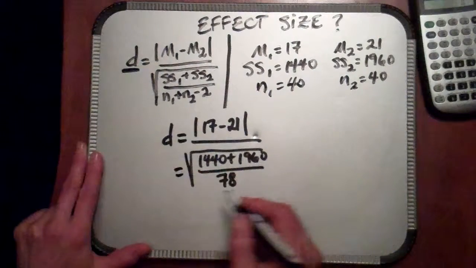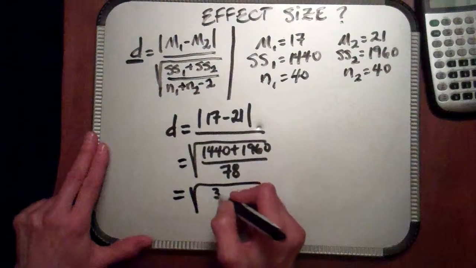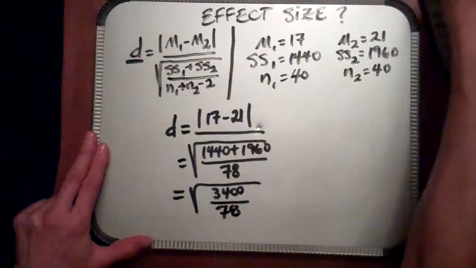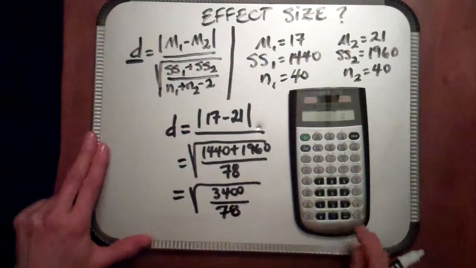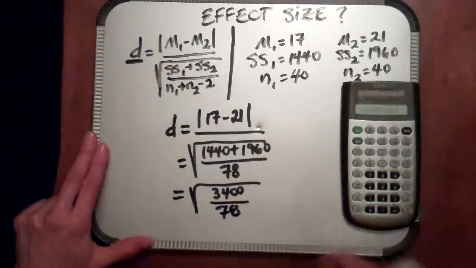And we know that when you calculate this through, this is 3,400 divided by 78. We've already done that. And if you take the calculator and you do 3,400 divided by 78, you get 43.